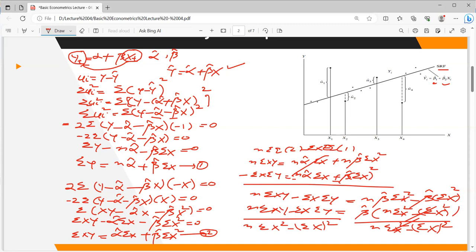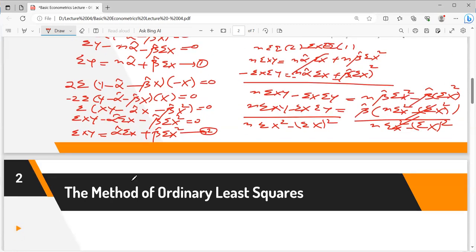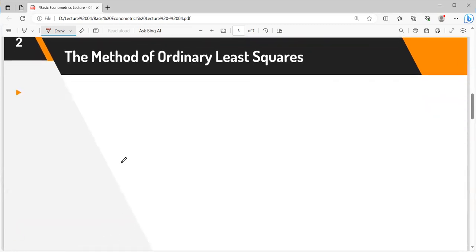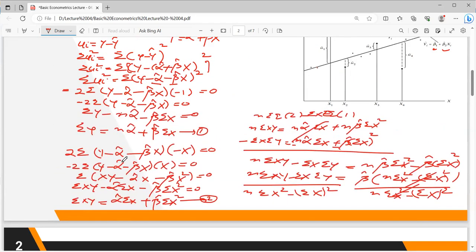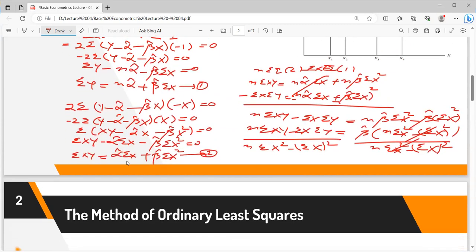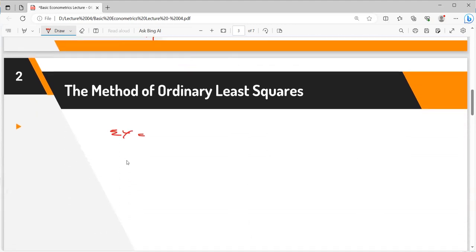So that is beta hat. If you look at normal equation number one, that is summation y is equal to n alpha estimated plus beta estimated summation x.